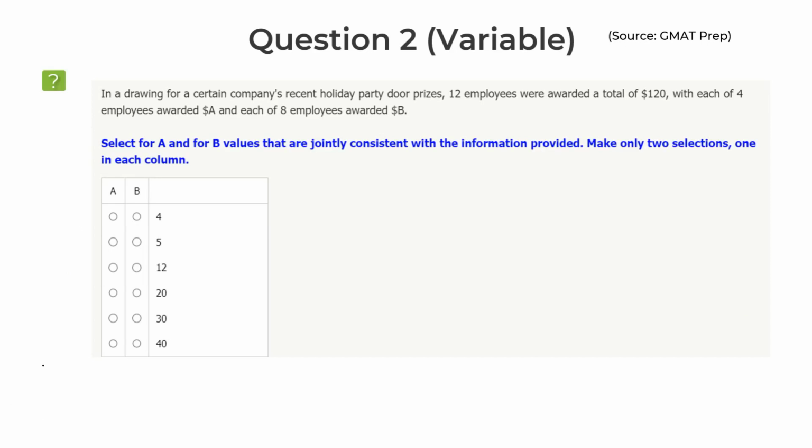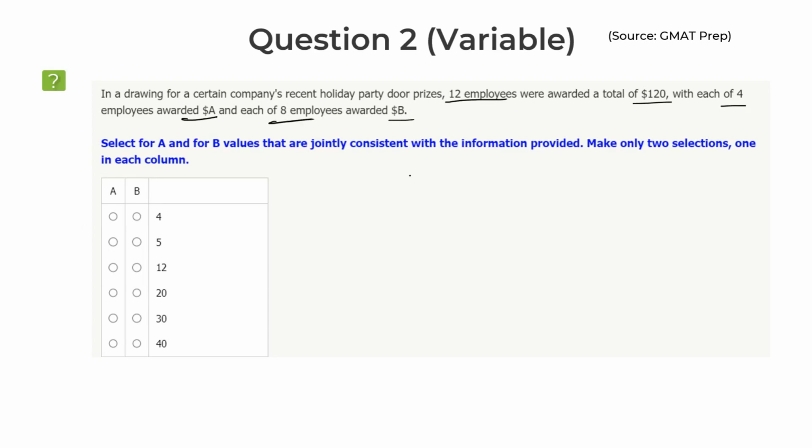In a drawing for a certain company's recent holiday party, 12 employees were awarded a total of $120 in prizes, with each of four employees awarded $8. So four employees were awarded $8, and eight employees were awarded $B.